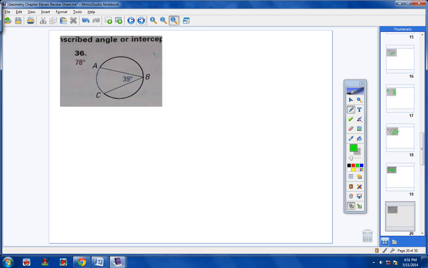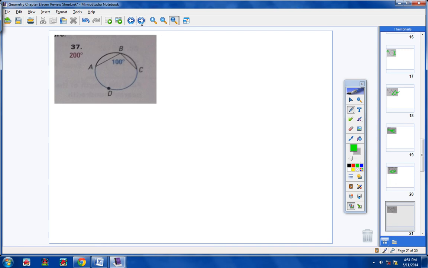Okay, number 36. Notice here they give you the angle. So here's your inscribed angle right here. Notice the inscribed angle is 39 degrees. Well, here's the arc that is intercepted for your inscribed angle. So if the angle is 39 degrees and the arc is twice as big, 39 times 2 is 78 degrees.